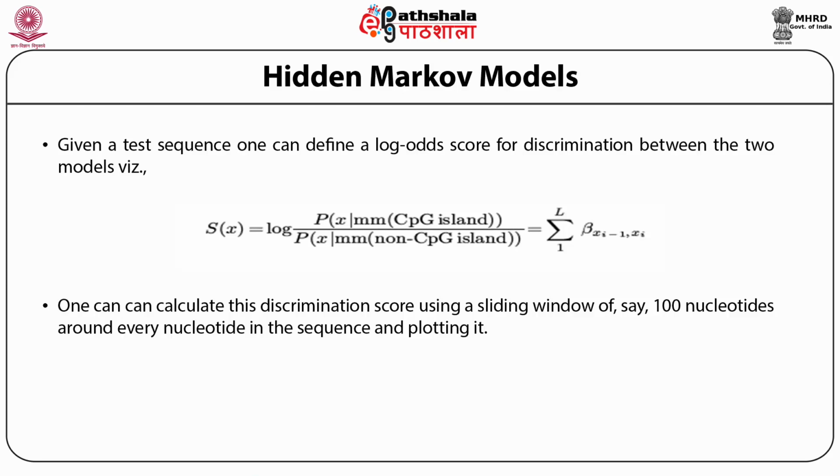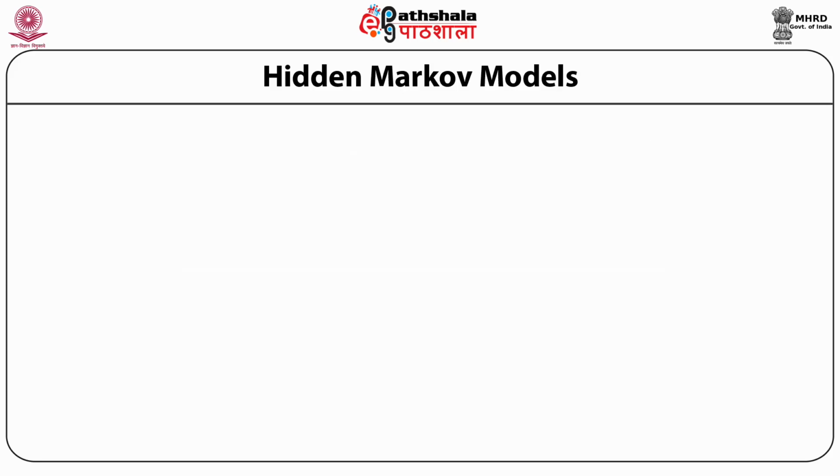So what do we do? One approach is now to build a single Markov model for the entire sequence, which contains both these Markov chains, one for CpG, one for non-CpG. So given two Markov chains, one for CpG islands and one for non-CpG islands, I can define this discrimination score, which is a log odds score.